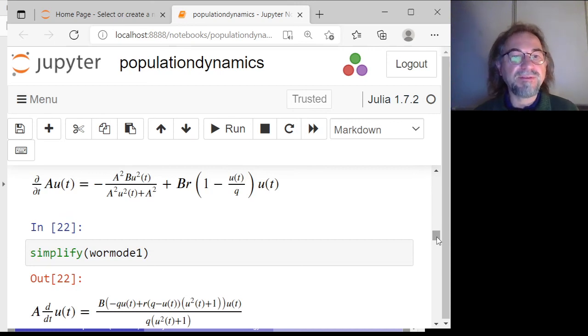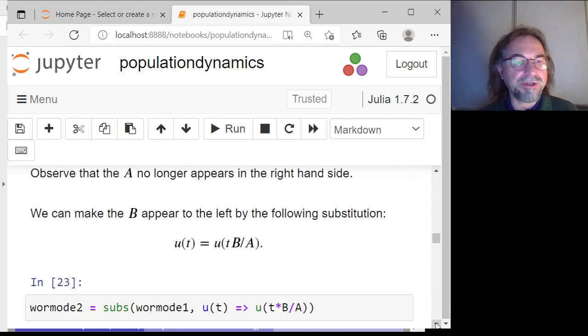Here you see the simplify, which was so helpful in the previous lecture. Actually, it's not so helpful now. When I do the substitution in my predator term, I want to cancel the a square, but I have to separate the arguments. In this way, I learned something about symbolic computation.